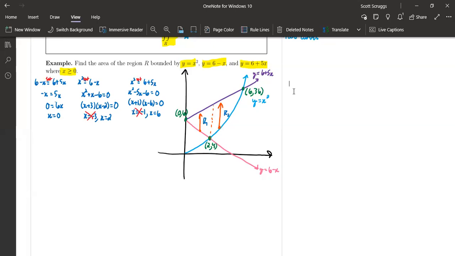And my second region is where my lower curve is x squared, and my upper curve is 6 plus 5x. Because of that, my region is split as the union of two separate regions, which I'll denote as R1 and R2.